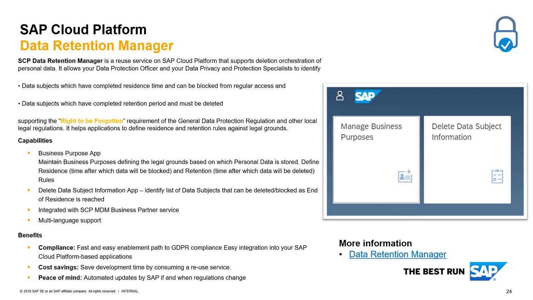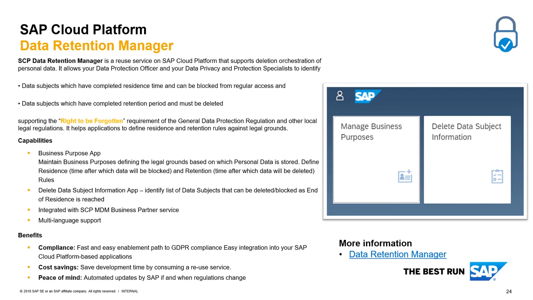Considering that the business application in question is built on SAP Cloud Platform, the SAP Cloud Platform Data Retention Manager can help you solve the deletion dilemma. Residence time is the time until which your application uses the data actively. Retention time is the extended period, as suggested by those factors we mentioned, for which the data needs to be kept.